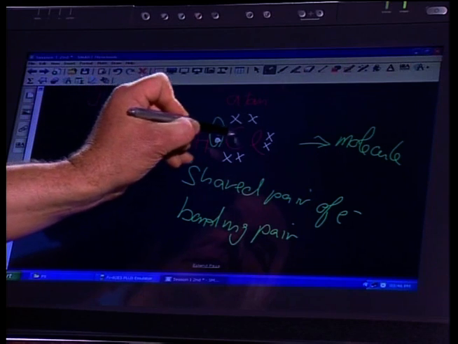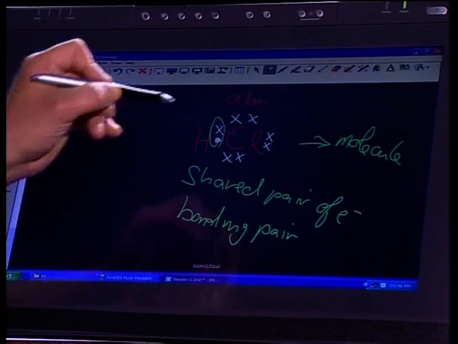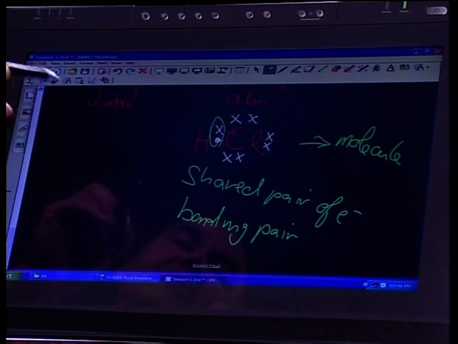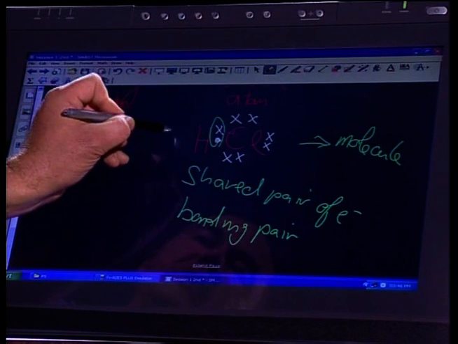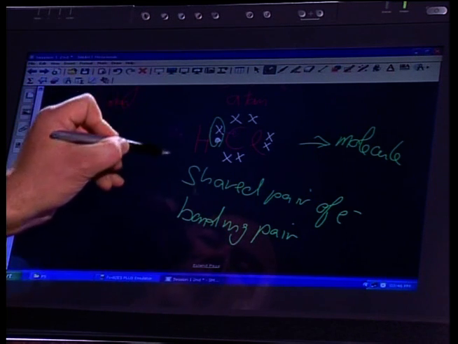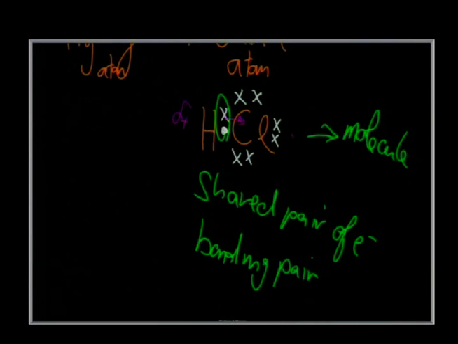Unfortunately, hydrogen misses out a little bit. It becomes slightly positive, and the chlorine end, in this case hydrogen chloride, becomes slightly negative.